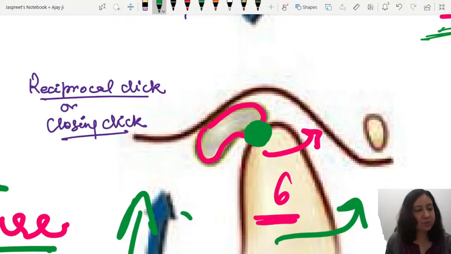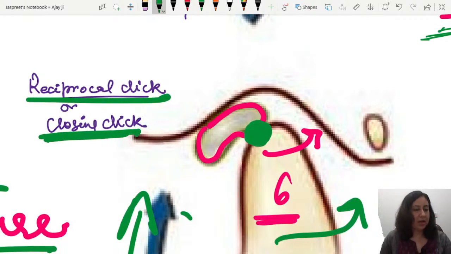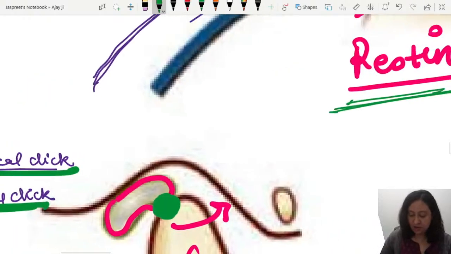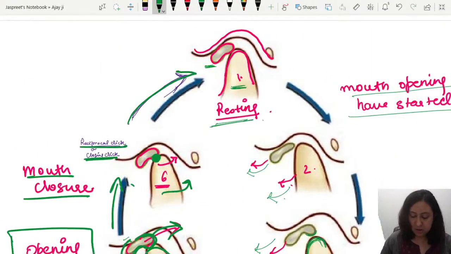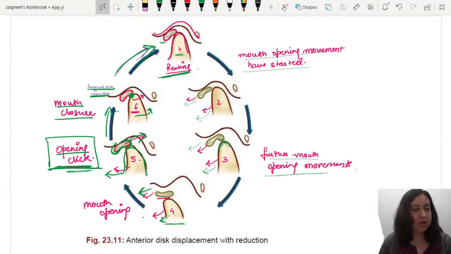So here when the condyle contacts the disc at its posterior aspect, there will be a reciprocal click or closing click. And after that the condyle and disc will return to the resting phase. So you can come back to this video, come back to these diagrams, follow the pen, follow the diagram, understand and keep this in your mind.